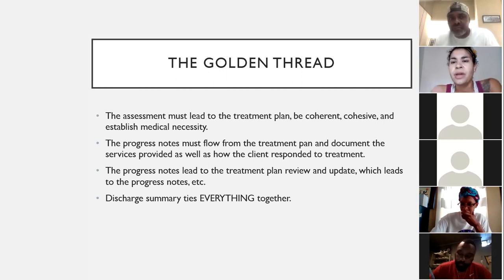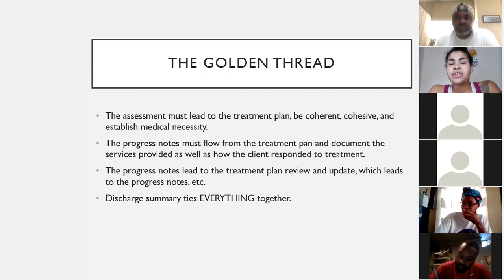If something is going on with the client that necessitates a change in the type or frequency of services they're receiving, you need to update the treatment plan to reflect that. Finally, the discharge summary is going to tie everything together. I'm not going to talk too much about discharge summaries right now, since everyone's just starting out with their clients, but I will touch base a little bit on that.